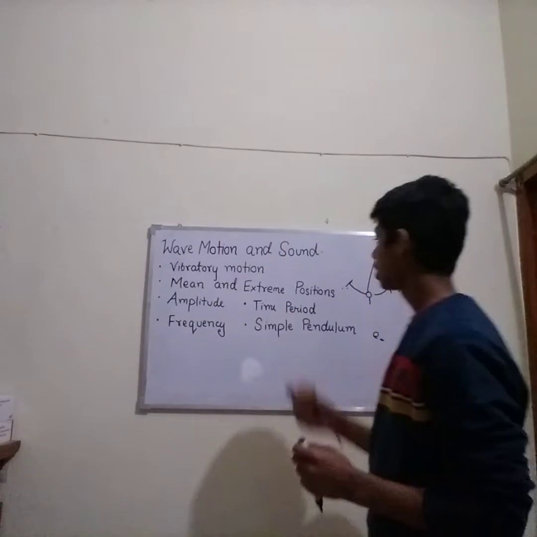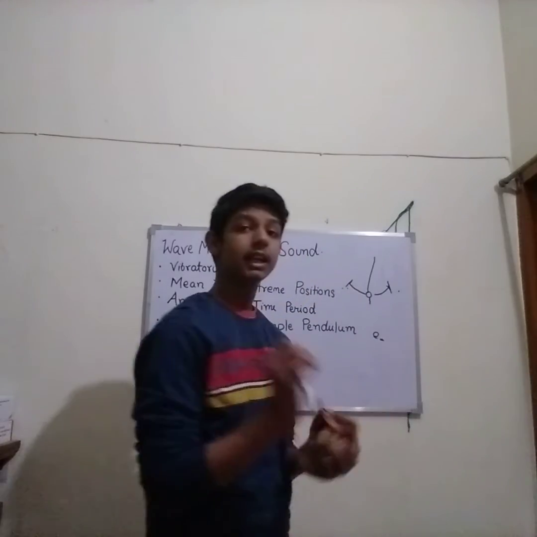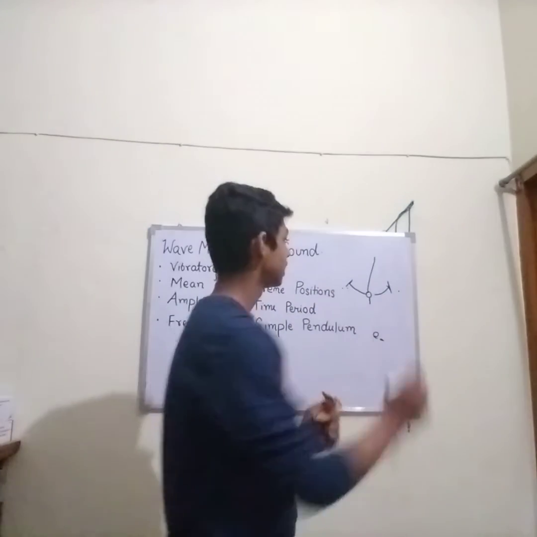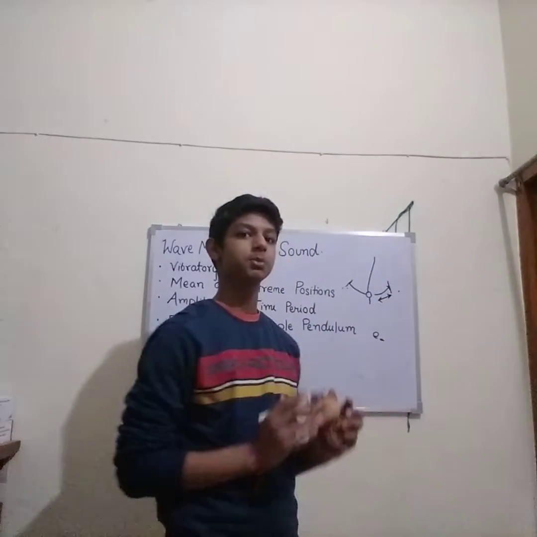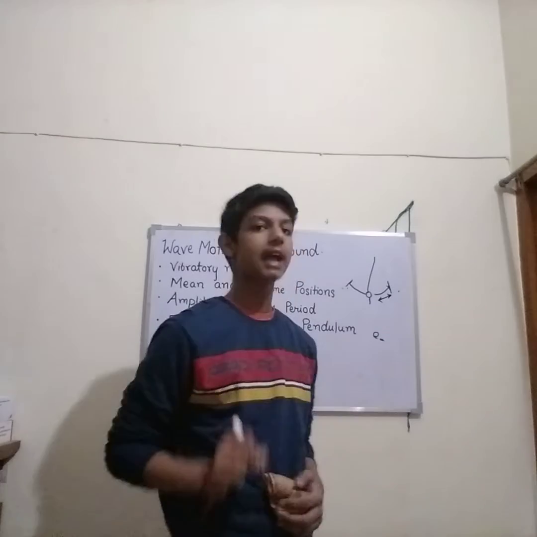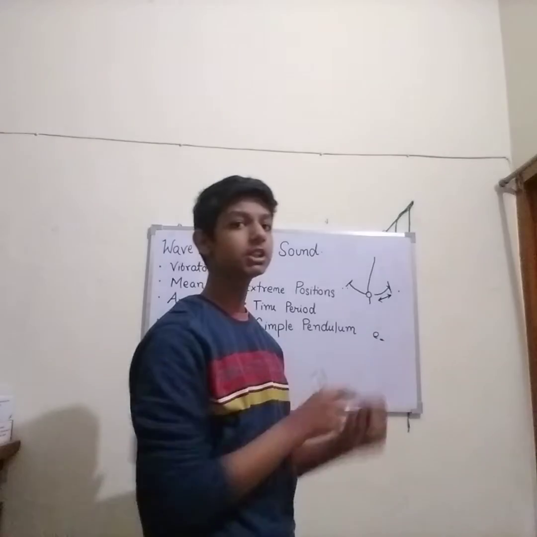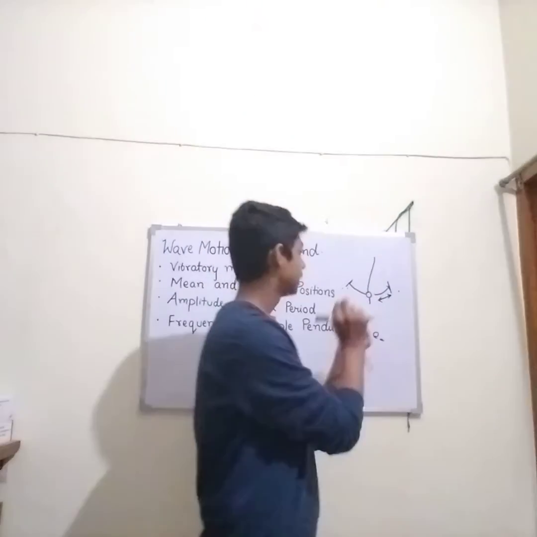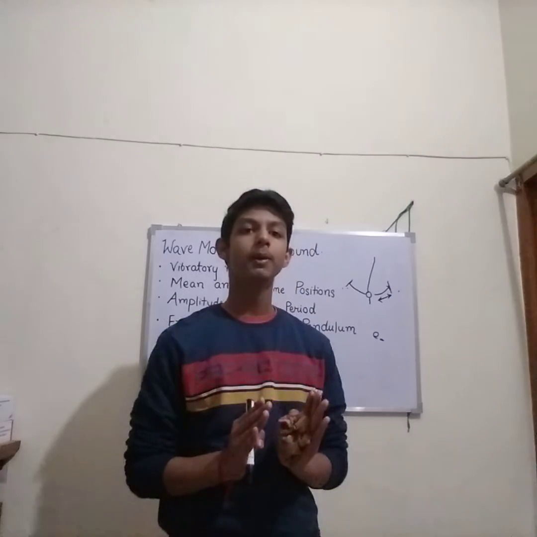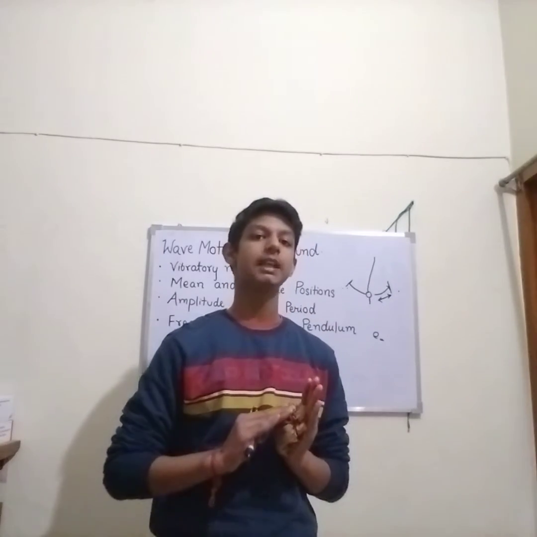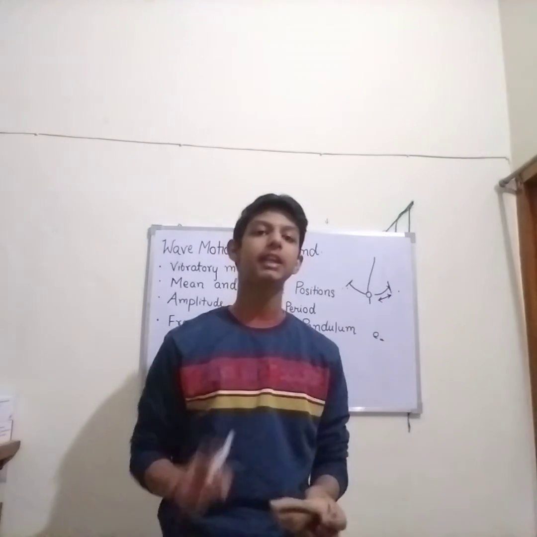Now we will discuss amplitude. The horizontal displacement covered by the bob in a given period of time from the mean position to either extreme position, only one extreme position, is called amplitude.